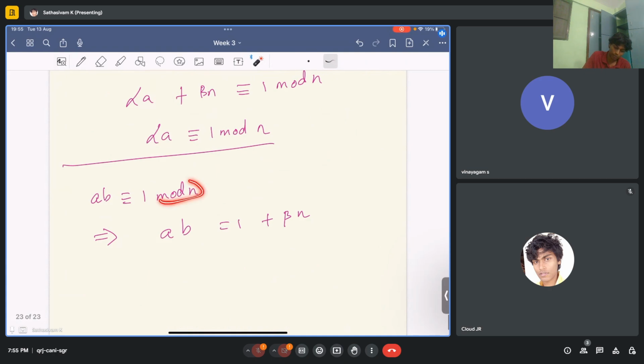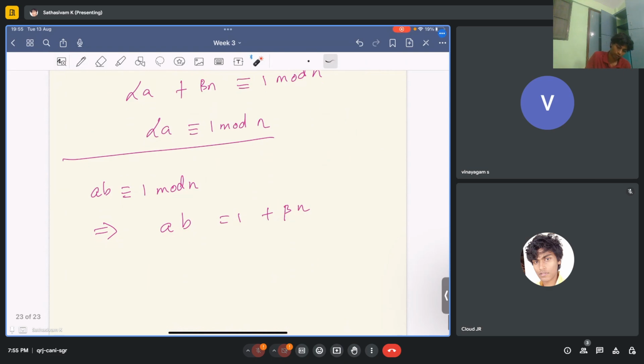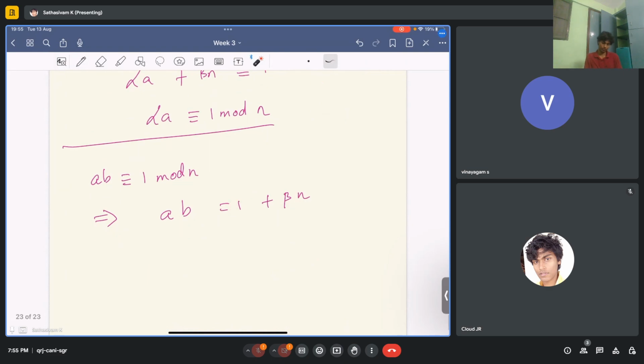See, mod n means what? These two numbers give the same remainder. So the remainder of AB, when you divide by n, is basically 1. But the quotient can be something. That beta is the quotient. Okay. So the remainder is 1.